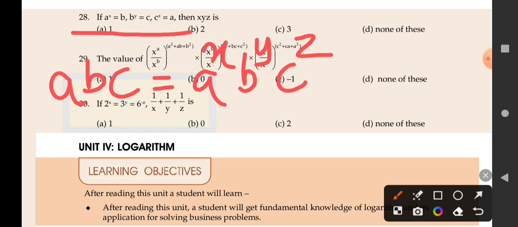So therefore all the powers should be equal. Here the powers are 1. So their multiplication should be equal to 1, so x y z should be equal to 1.